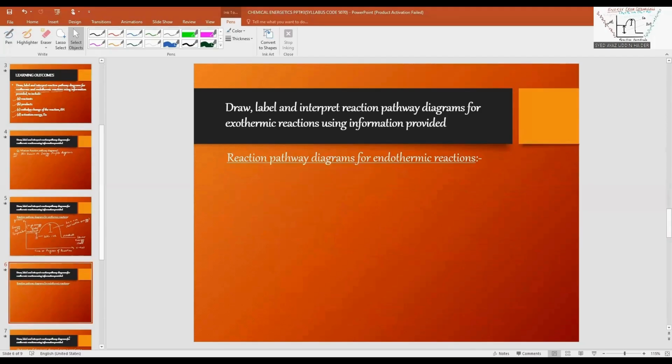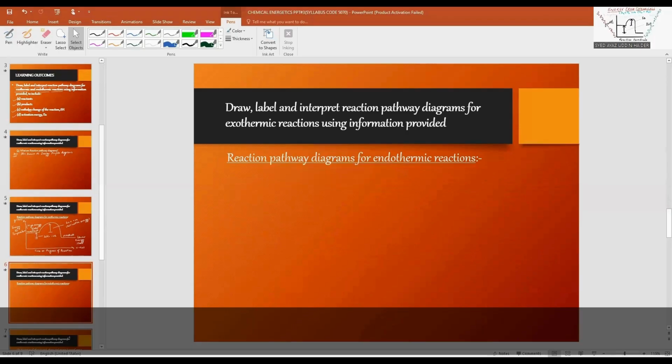Now I want you to try a reaction pathway diagram for an endothermic reaction. The hint here is product will be at high energy state than the reactants. First of all, you will draw x-axis and y-axis.